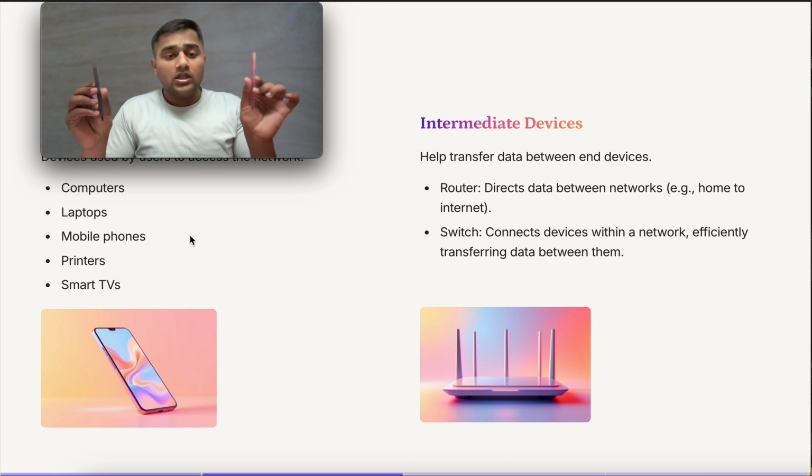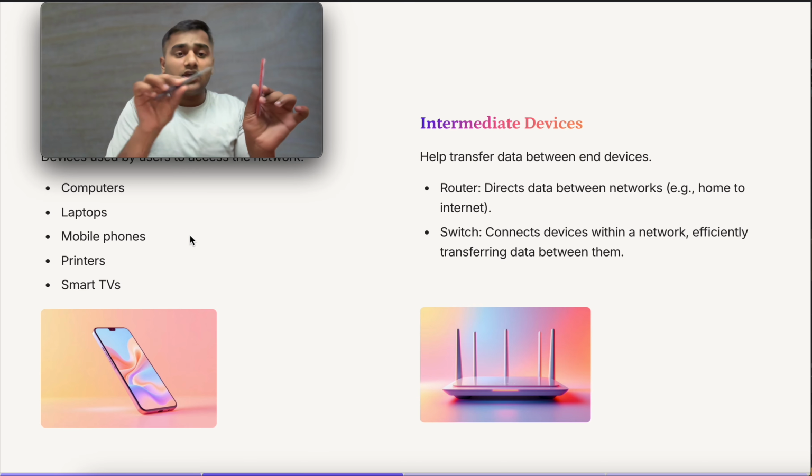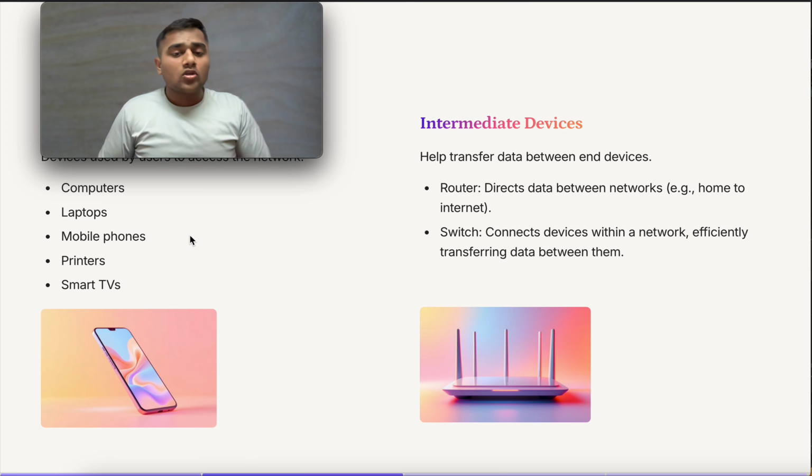These two are end devices, and in between these two there are going to be some devices. Those devices are called intermediate devices. The examples of intermediate devices are routers, switches, bridges, hub.